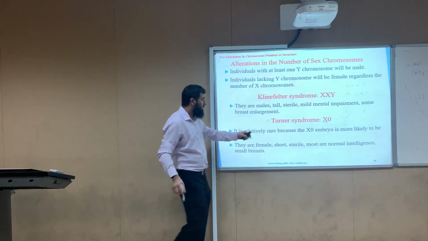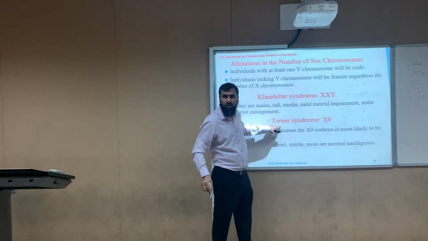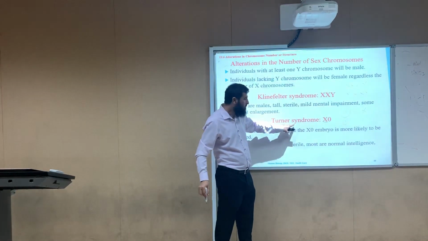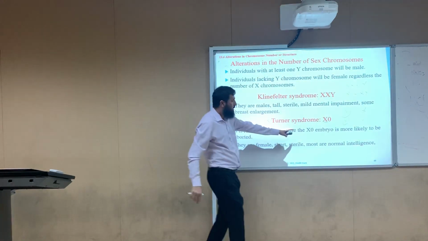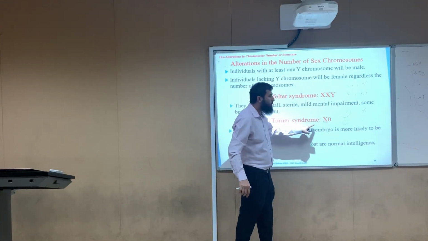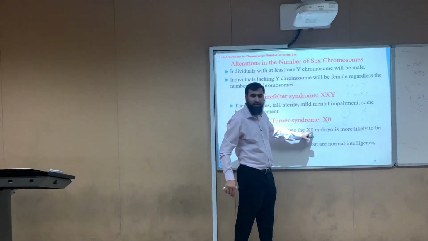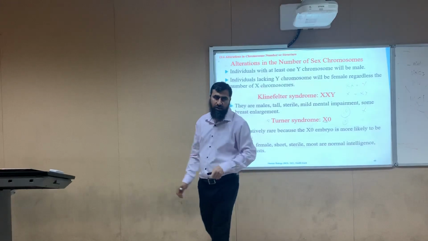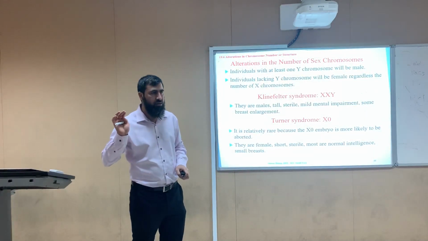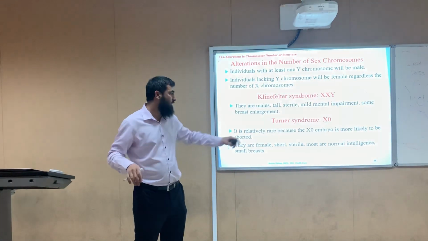So this condition is rare, okay? Mostly these people are very short. Most of the embryos with this genotype, the XO, are terminated early on by themselves, because they have lots of problems.